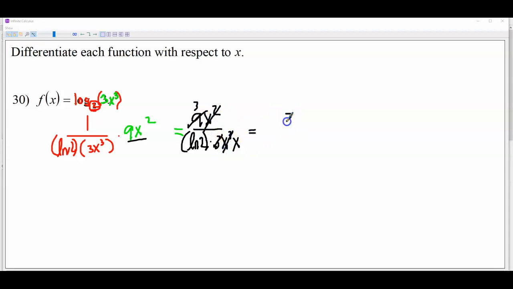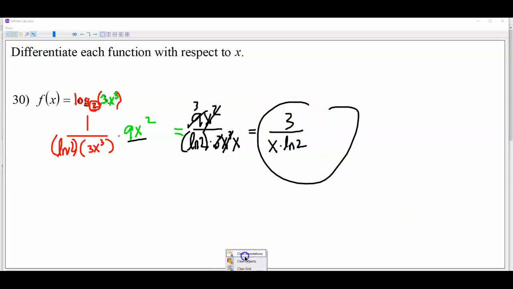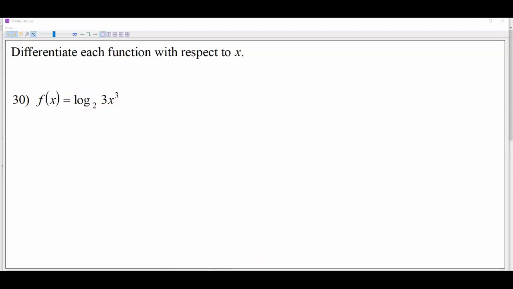And so we're left with a 3 on the top, an x on the bottom, with an ln of 2 down there still. So it's the same thing as an ln. Just remember you have an ln of 2 on the bottom. That's ln of the base, in this case 2. That's the only difference: you put an ln of whatever the base is on the bottom.